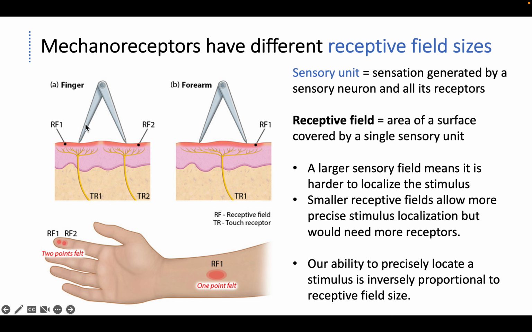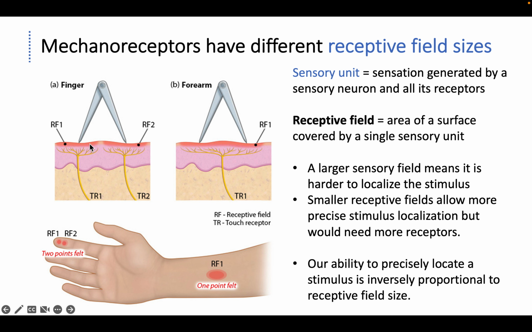So here on this example on the left, we have 1 point here that stimulates this sensory unit with this receptive field, and this one here on the right, this sensory unit with this receptive field. So you have stimulation of 2 different sensory units because you had 2 different receptive fields. So you're likely to perceive that as 2 separate points, and that's exactly what you see here.